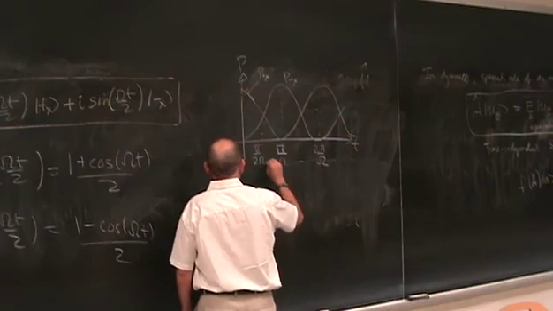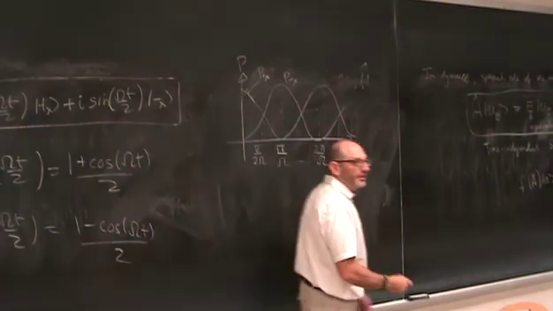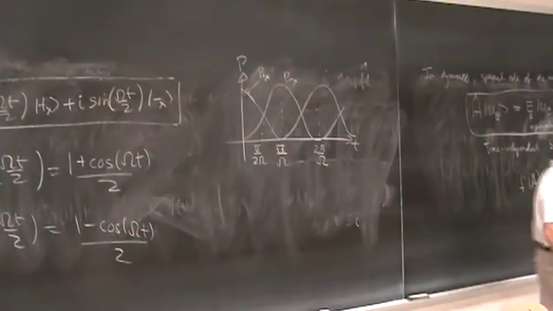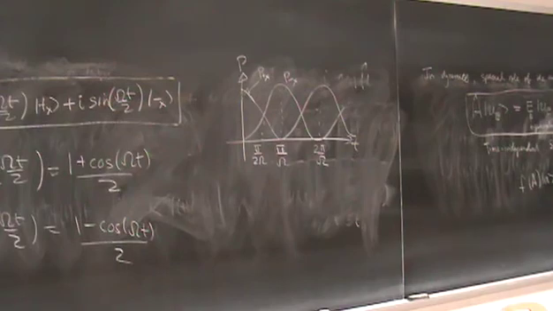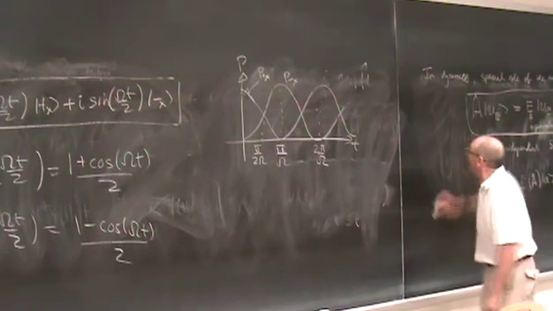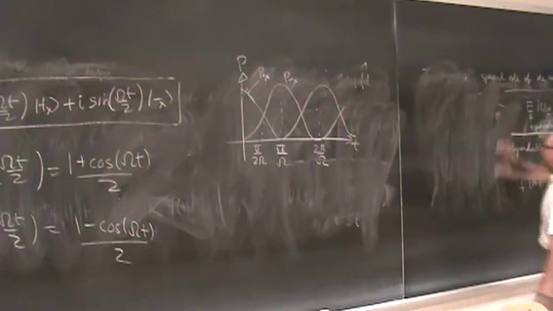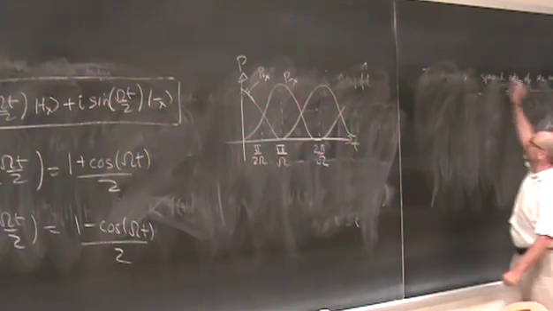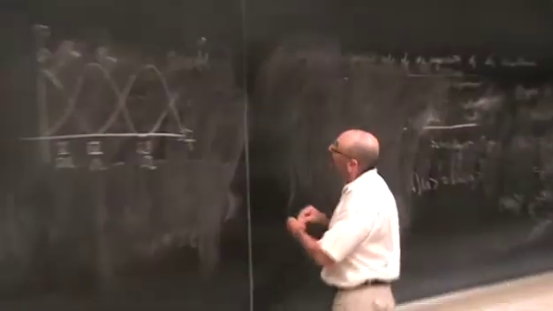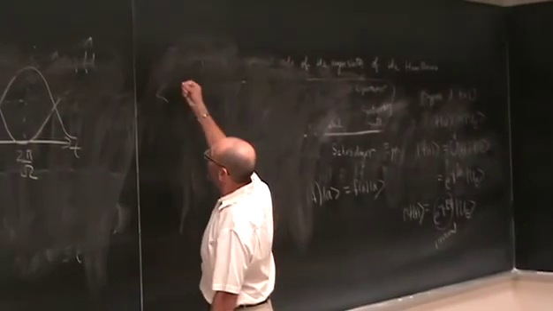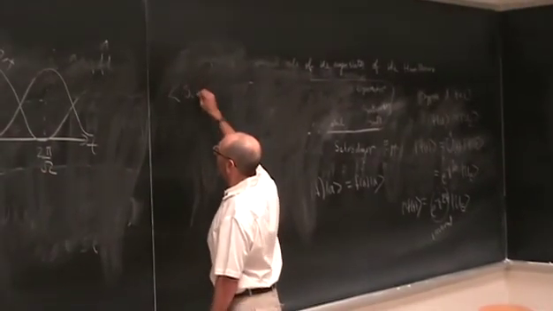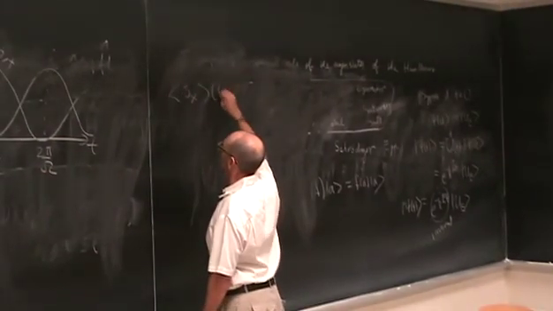It's in a linear superposition of the two. But it's not that the particle actually rotates. What is the expected value of the spin along the x direction as a function of time?